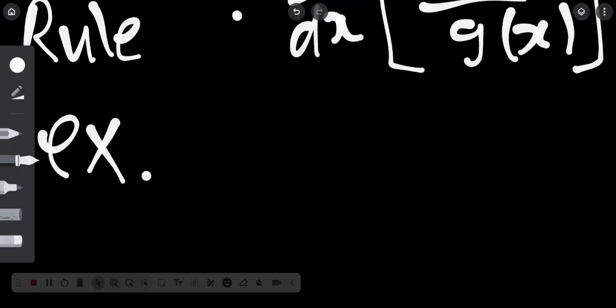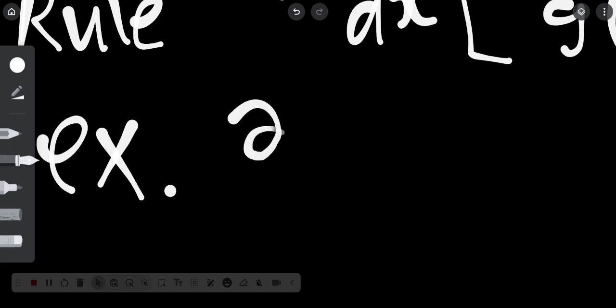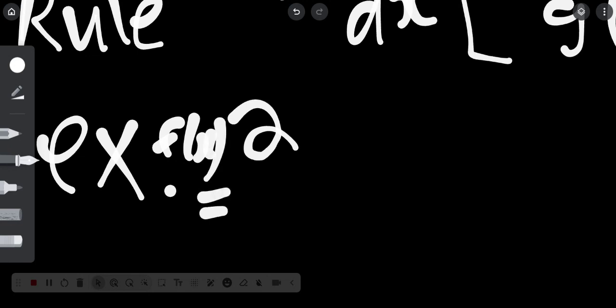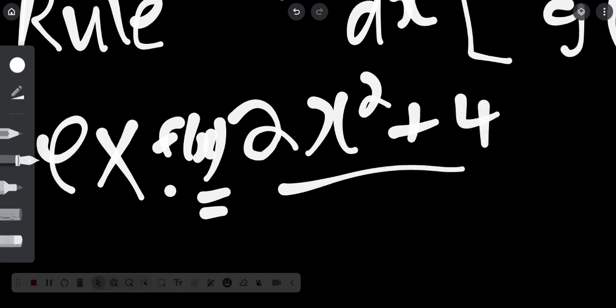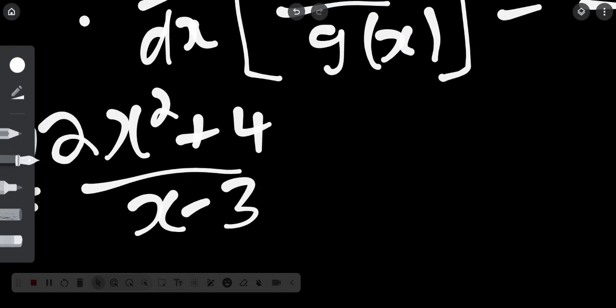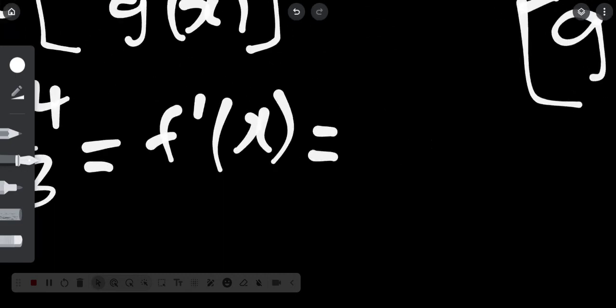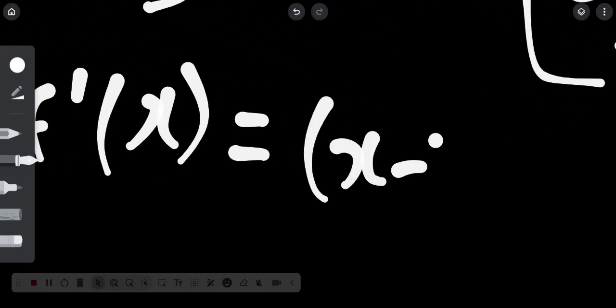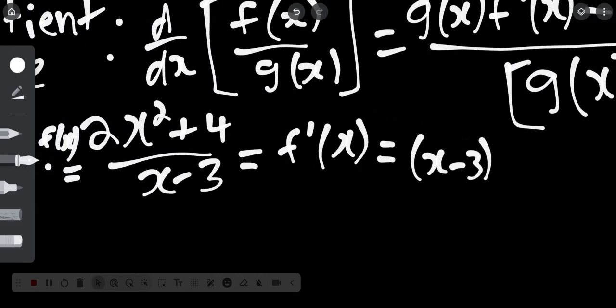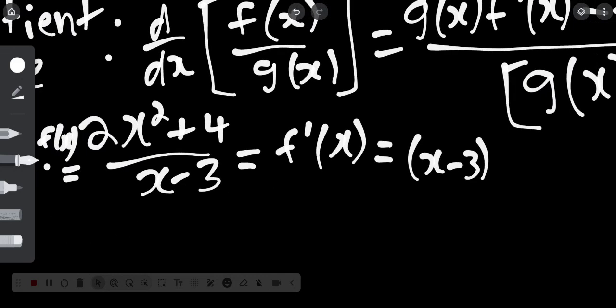So let's say you have a function that is defined as f of x equals 2x squared plus 4 over x minus 3. So to find the derivative, f prime of x would be equal to bottom, so bottom would be x minus 3, bottom, derive top, so the derivative of top would be 4x, right?